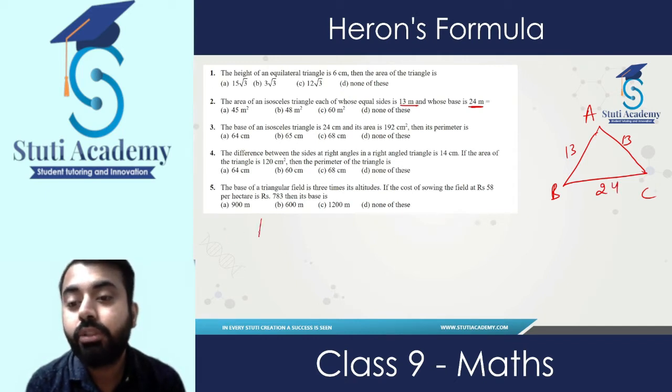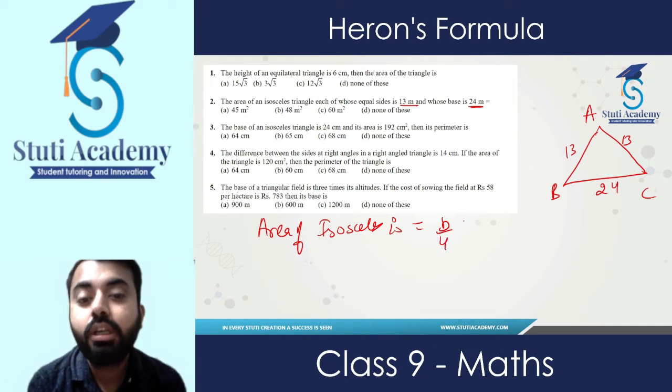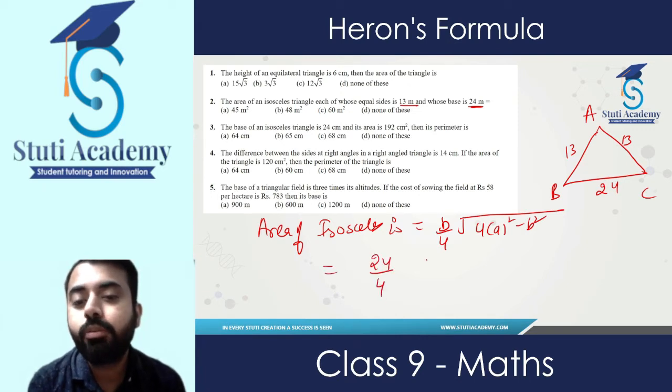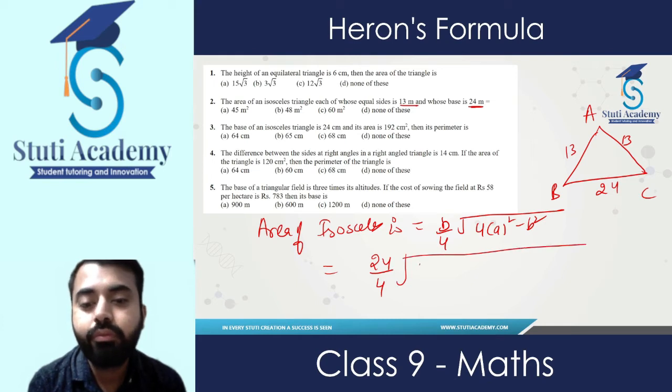If you remember, I told you the area of an isosceles triangle is base by 4 into square root of 4 a square minus b square. The base is 24, so 24 by 4 into square root of 4 a square minus b square.